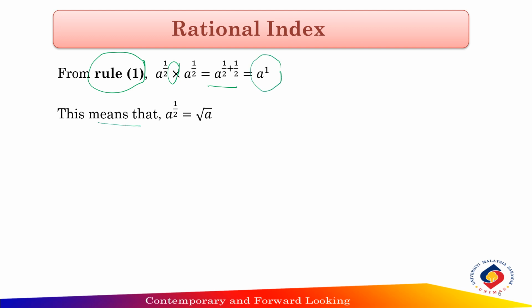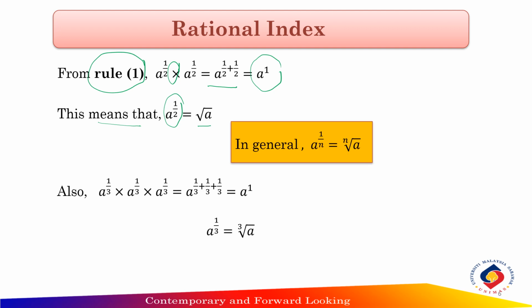This means that A to the power of 1 over 2 is equal to the square root of A, since root A times root A equals A to the power of 1, or equals A. In general, A to the power of 1 over n equals the nth root of A, with n outside the root.